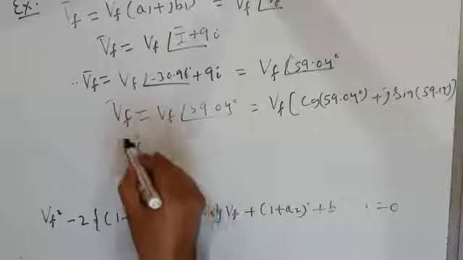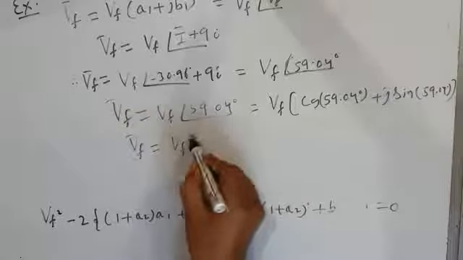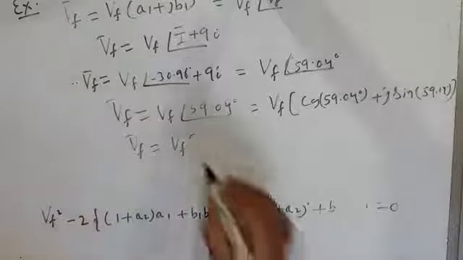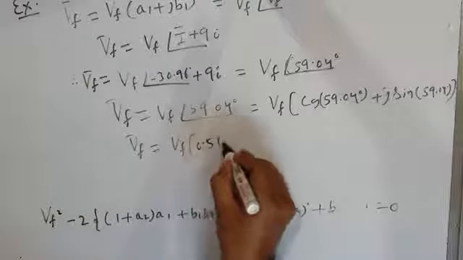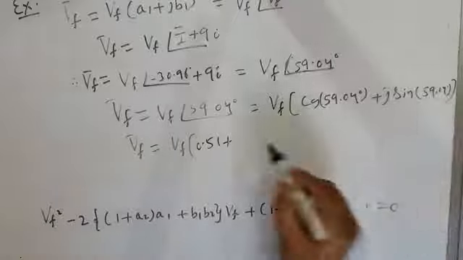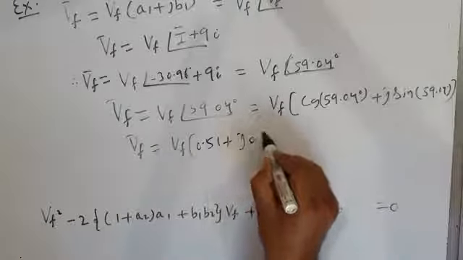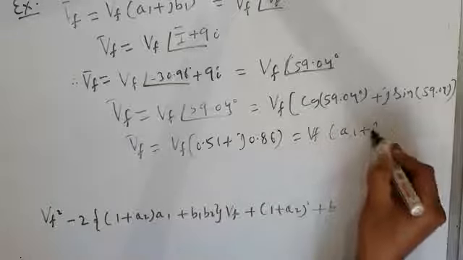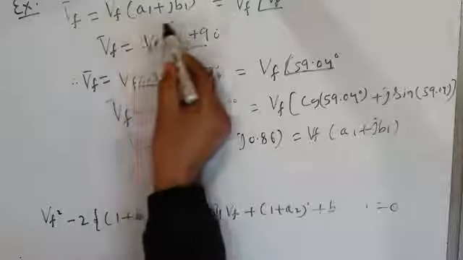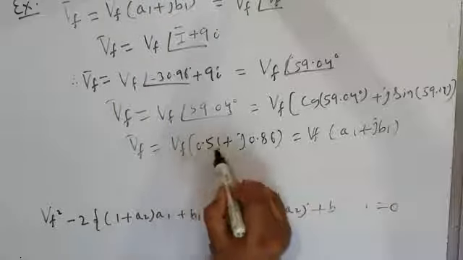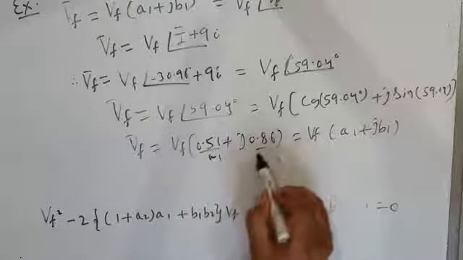So therefore, the DVR injected voltage will be VF cos 59.04 degrees, which I have calculated is 0.51, plus j sine 59.04 degrees, which is 0.86. So that is equal to VF into A1 plus jB1. This is A1 and this is jB1.